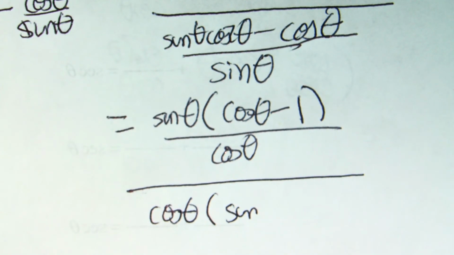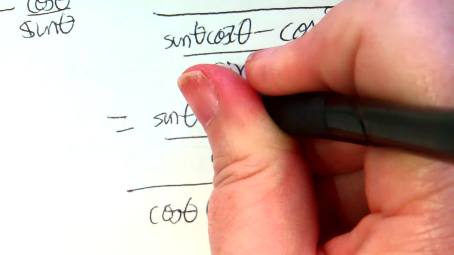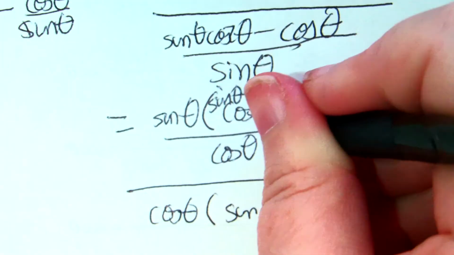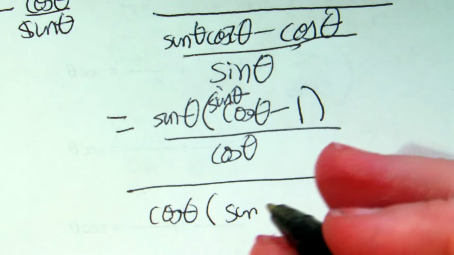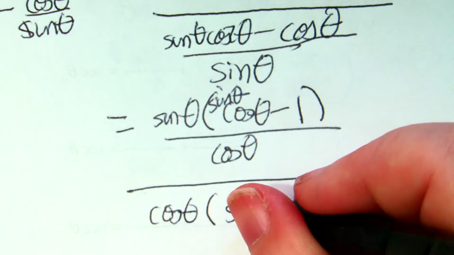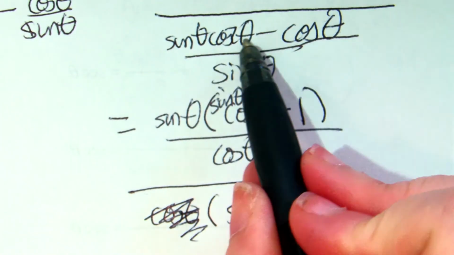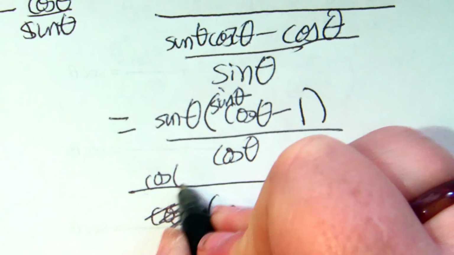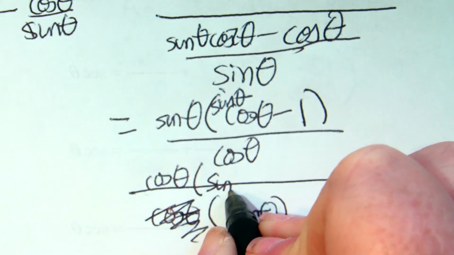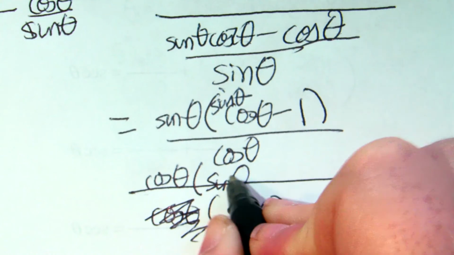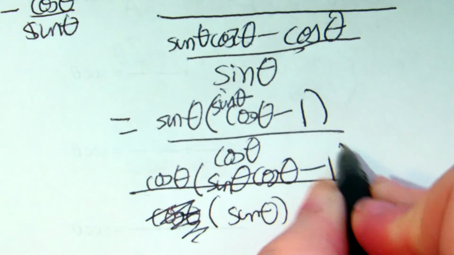I need to look at this again. This has a sine theta cosine minus 1. When you take out, this one has a sine theta on the bottom, and on the top you take out a cosine, but it has a sine theta cosine theta minus 1.